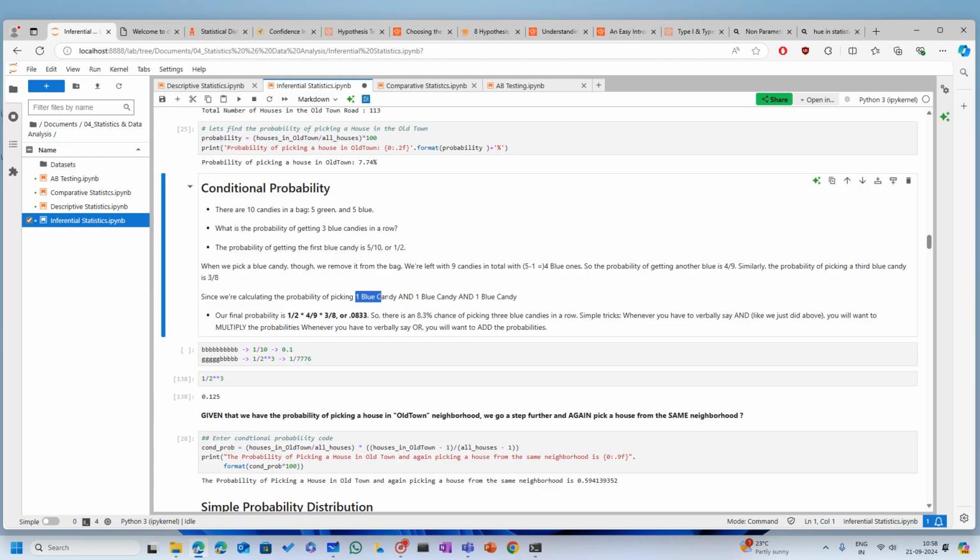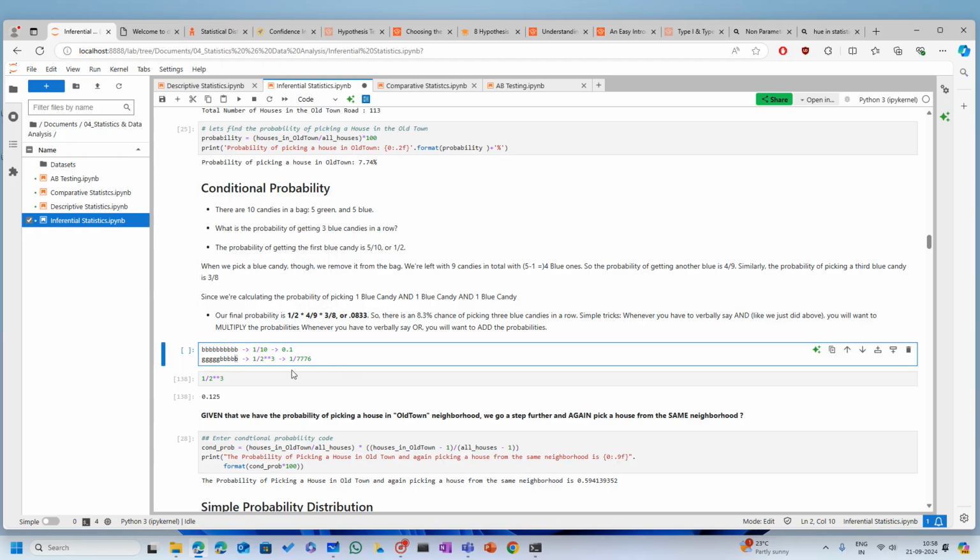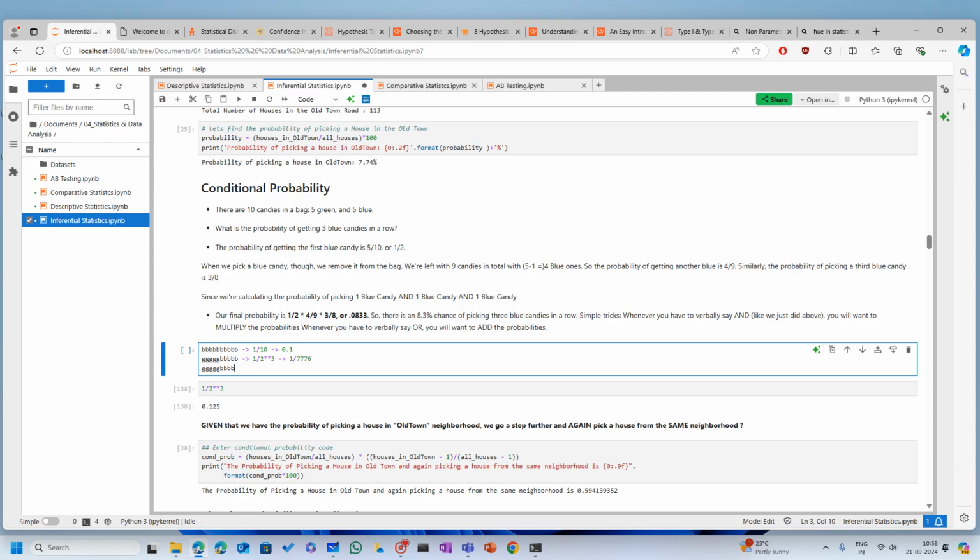So if you take out the first candy one time, then there are 9 left, and out of 9 again you are taking one. Then there are 8 left. If you take the candy out for the first time, then this would become one less B. Total there are 9, but there are 4 candies only out of blue.